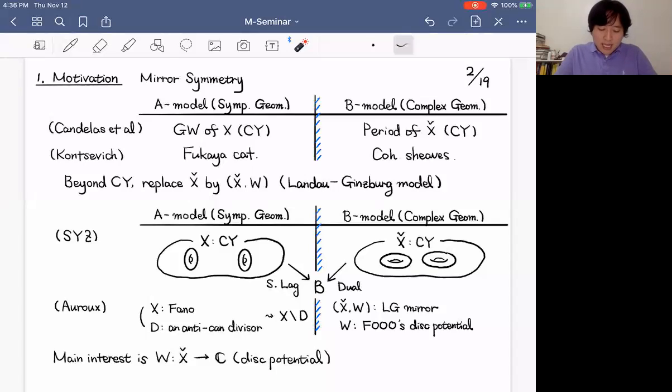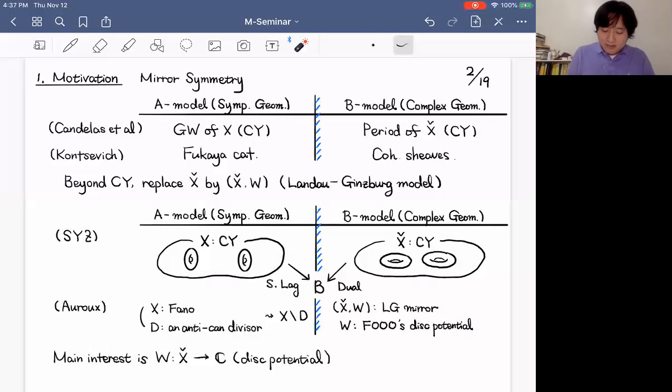Basically it says that, suppose we have a Calabi-Yau manifold. Part of the conjecture is the existence of a special Lagrangian fibration, and by dualizing that fibration, one can produce the mirror space. And then we can upgrade the story to Fano or more general varieties.